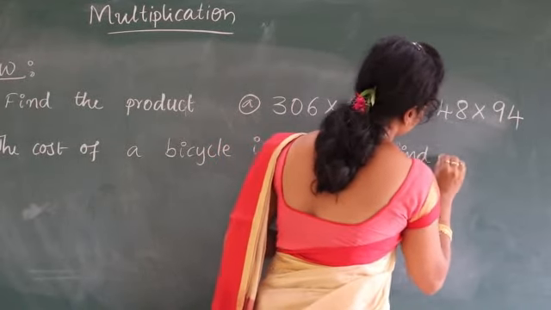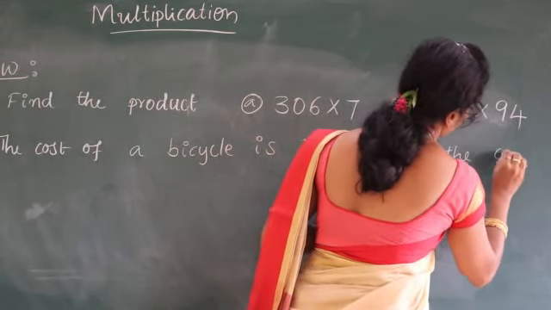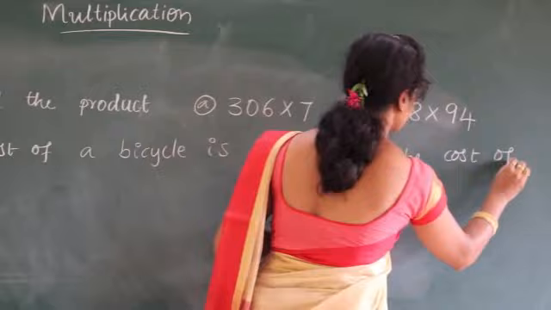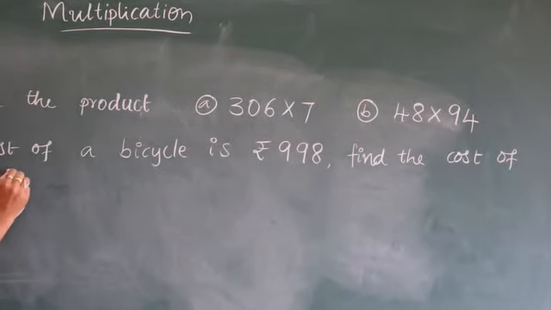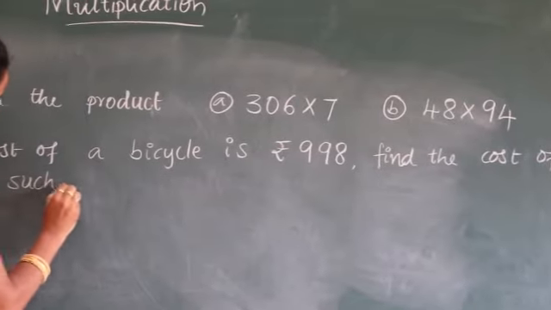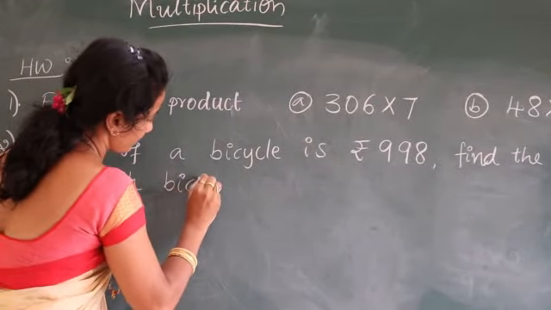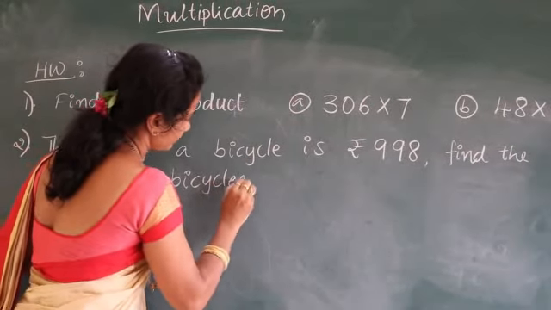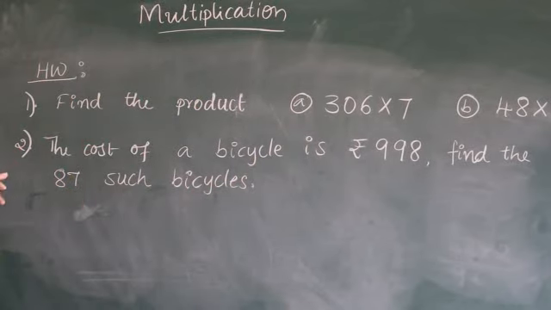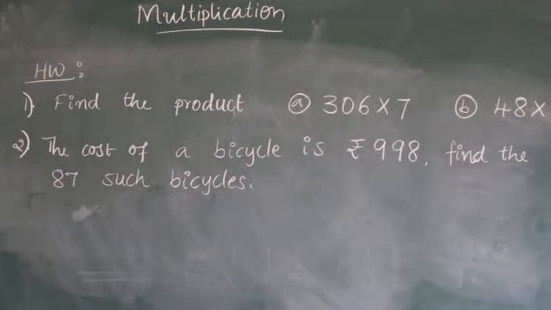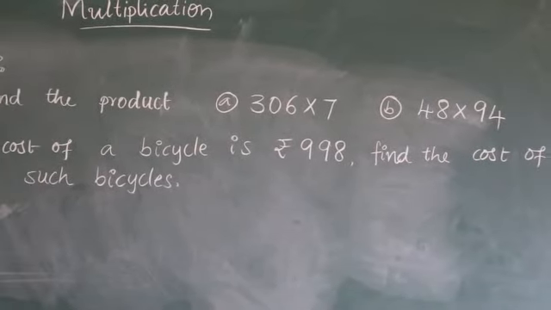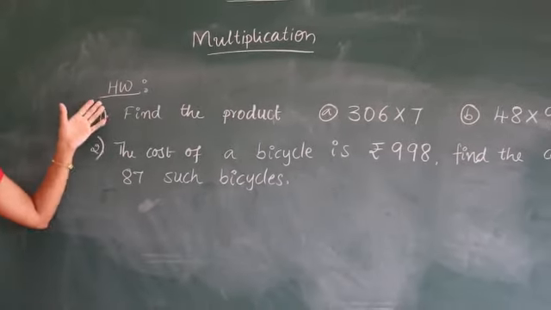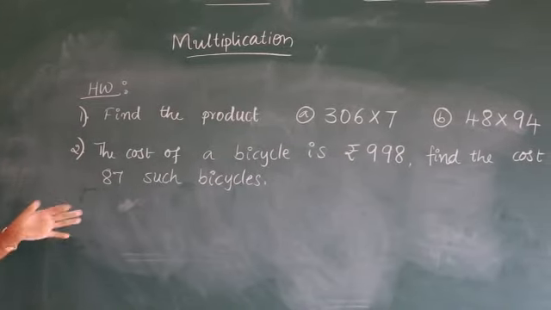Then find the cost of 87 such bicycles. The cost of a bicycle is 998. Find the cost of 87 such bicycles. Try to solve the homework.